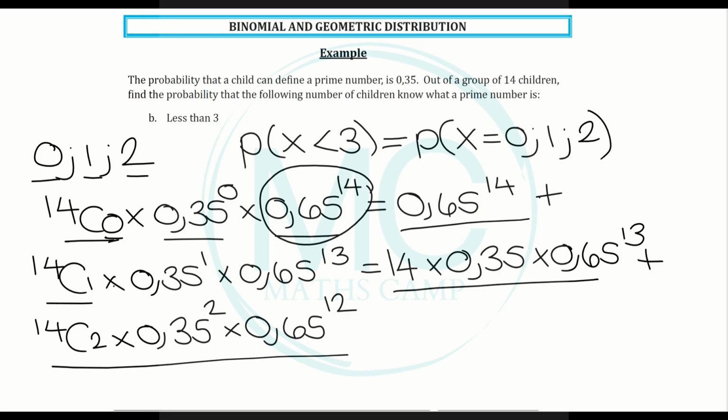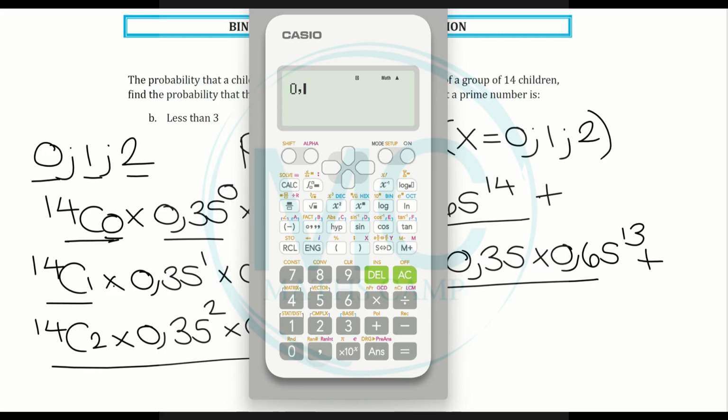So I'm going to take my calculator and I can say 0.65 with an exponent of 14 plus 14 multiplied by 0.35 multiplied by 0.65 with an exponent of 13 plus 14C2 multiplied by 0.35 squared multiplied by 0.65 with an exponent of 12 is equal to 0.08392 and so on.